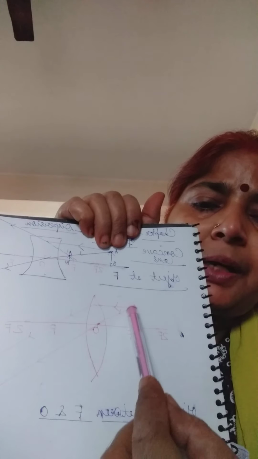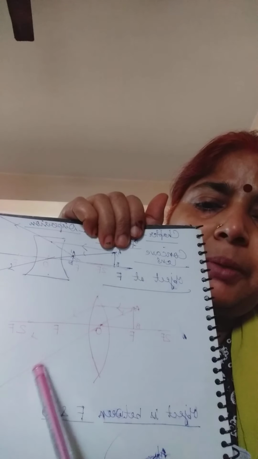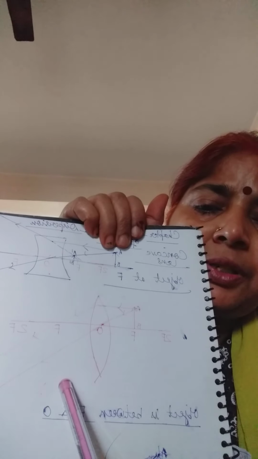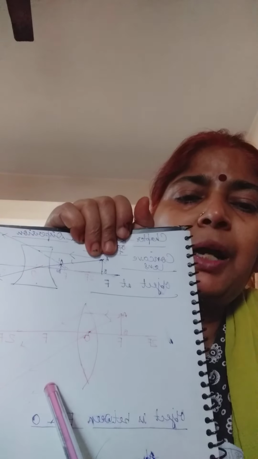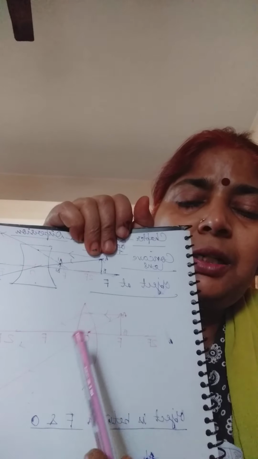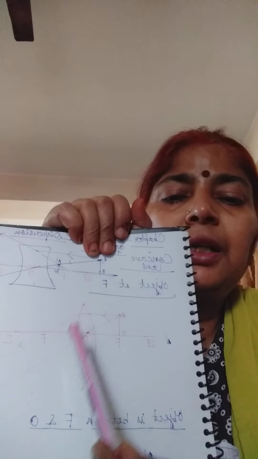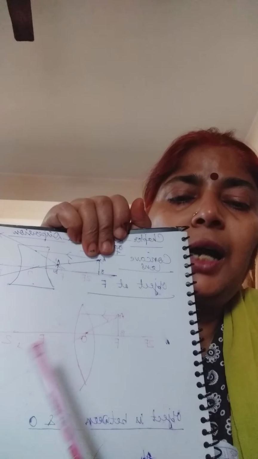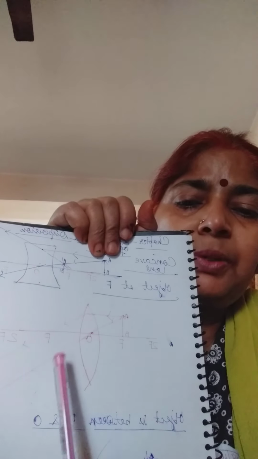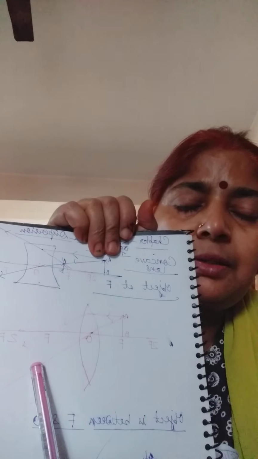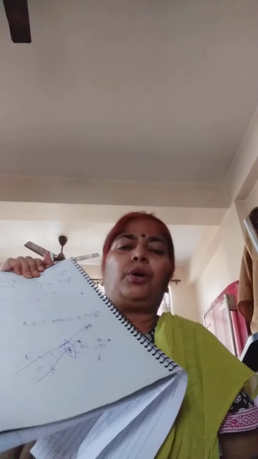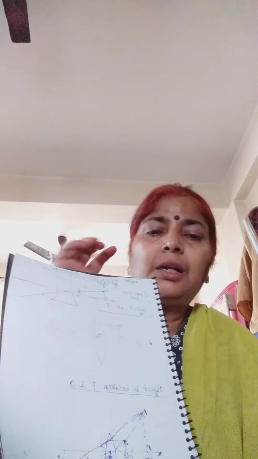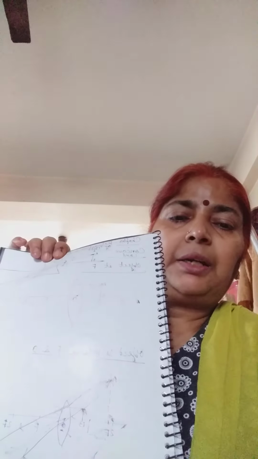And this ray is passing through optical center, it remains undeviated. The two rays are parallel to each other, and you know, children, parallel rays do not meet, but it is assumed that they meet at infinity. So the image is formed at infinity. When the object is placed at focus, then the image is formed at infinity. This image is real, inverted and magnified.